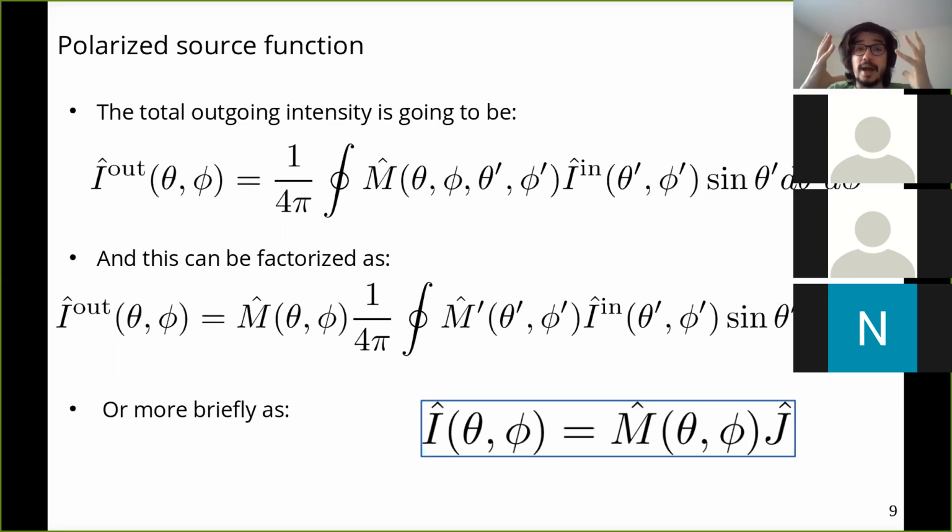Okay, so it turns out that this matrix can be written as the product of two matrices, right?